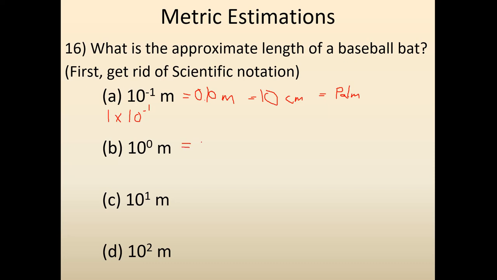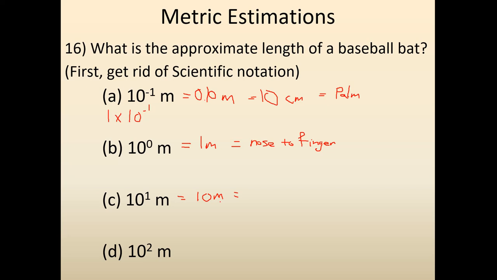10 to the 0, when you plug it into the calculator, this is equal to 1 meter. Or remember, this is nose to fingers. And then choice 3 was 10 to the first. This is 10 meters. Now what you would have to do is try to visualize how big 10 meters is.